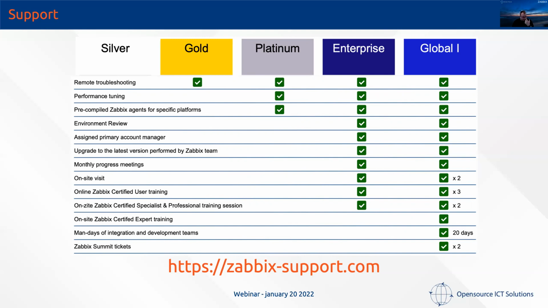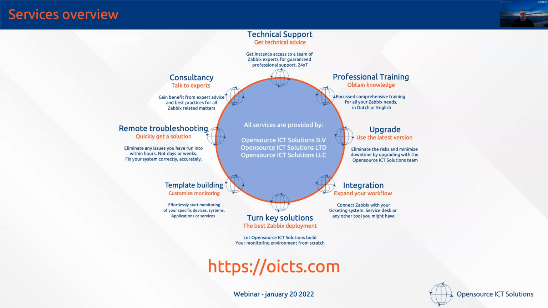Now you might think the product is free and open source. How do you guys make a living out of a free product? And that's not only how we as a Zabbix partner make a living, that's also about how Zabbix as a company makes a living. Well, basically we have the same business models. We are working with a free product, so there's nothing to gain there.